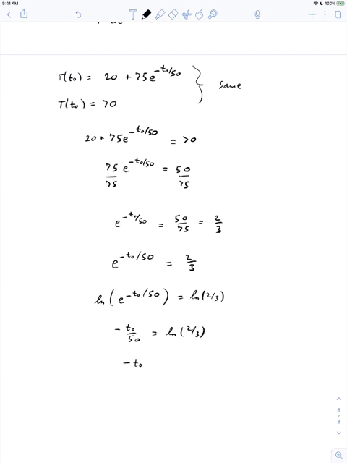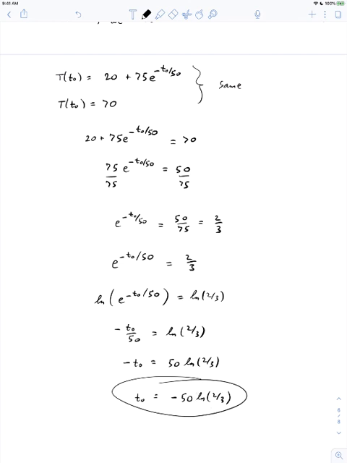So minus t0 is equal to 50 times ln of 2/3, and so t0 is equal to minus 50 times ln 2/3. This may seem paradoxical because there's a minus sign there, and t is the amount of time that's passed. So it looks like we have a negative time, but 2/3 is less than 1, so ln of 2/3 is a negative number.